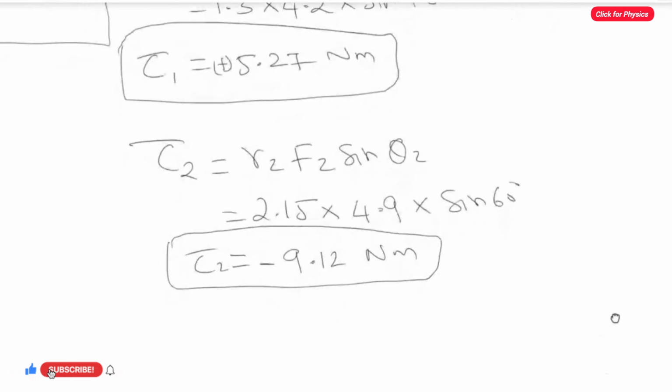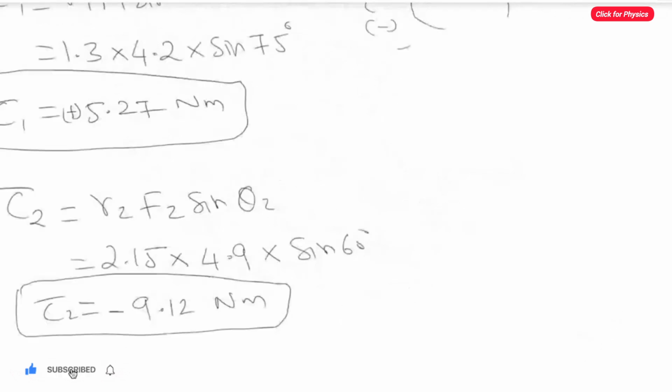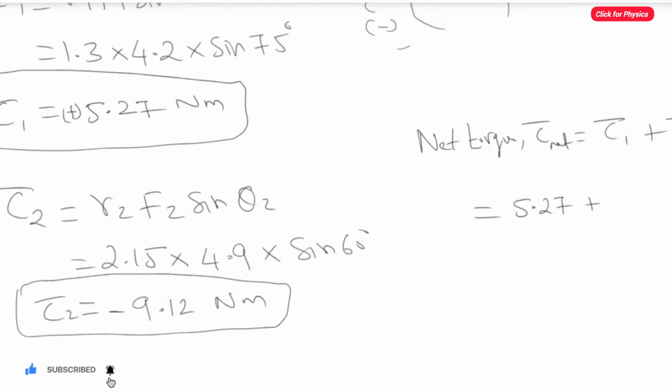Now I am going to substitute the values for finding the net torque. What is the formula? Net torque tau net is equal to torque tau 1 plus torque tau 2. I am going to substitute the values here. The value for torque tau 1 is positive 5.27 Newton meter, right? And then for torque tau 2, what is the answer? Minus 9.12 Newton meter.